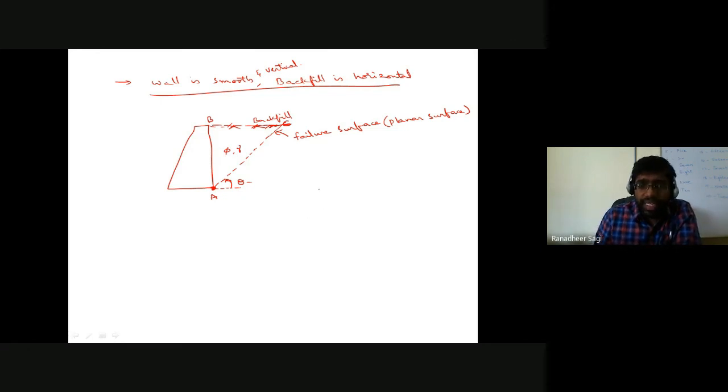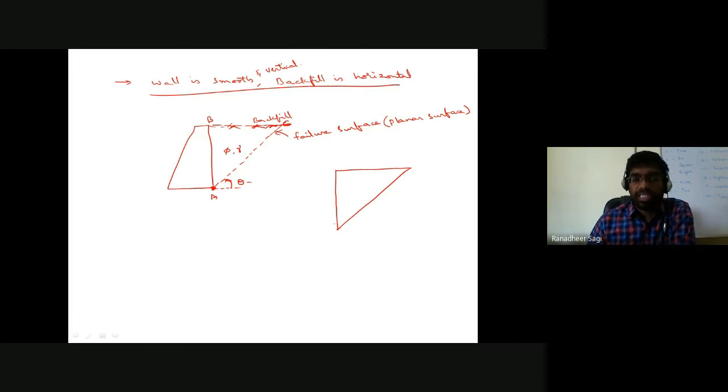Now I'll quickly look at the free body diagram of that particular soil wedge, because as we said, in Coulomb's theory we look at the equilibrium condition of the soil, which is just at the verge of failure, and then accordingly we find out the thrust, either an active thrust or a passive thrust, coming on your retaining wall.